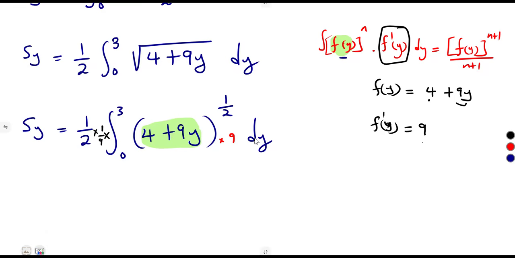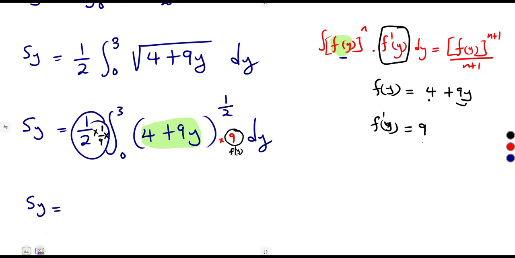By doing this, we haven't changed anything because 1 over 9 and 9 cancel, so you're back to the original question. But do not cancel, because you had to introduce 9 so that here I have a certain function raised to its exponent, and here I have its derivative. Once I see this, it means I can simply integrate.